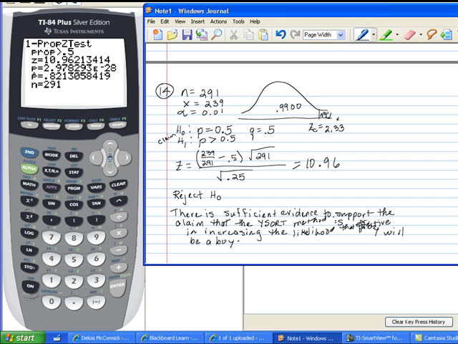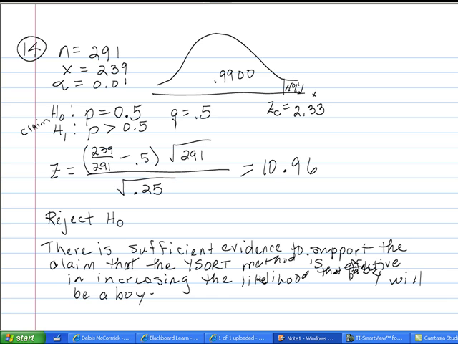All right, let's do the next one just using the calculator, and I'm just going to jot down some of the numbers. We'll do number 18. In a presidential election, 308 out of 611 voter surveys said they voted for the candidate who won. So X is 308 and N is 611. We want alpha to be 0.10. The claim is that the percentage who believe they voted for the winning candidate is equal to 43%.